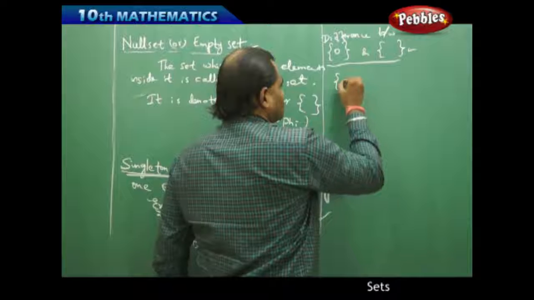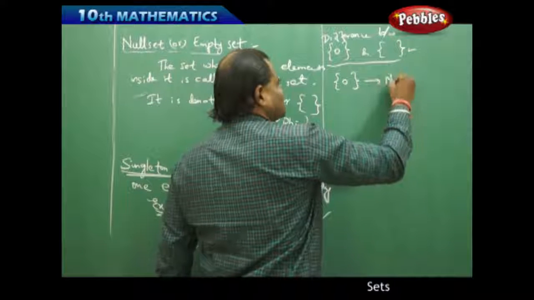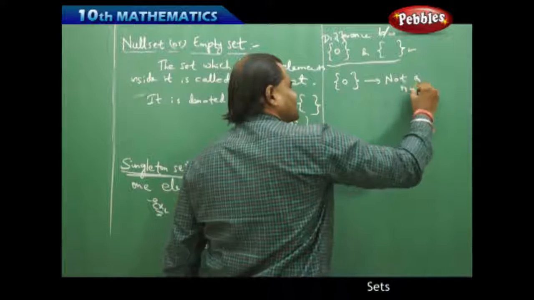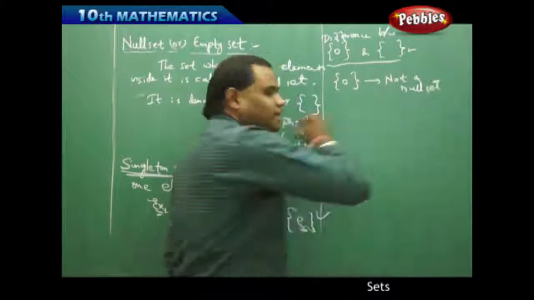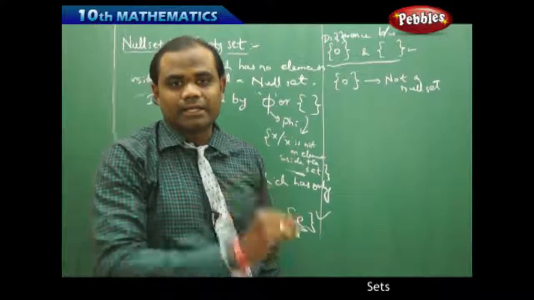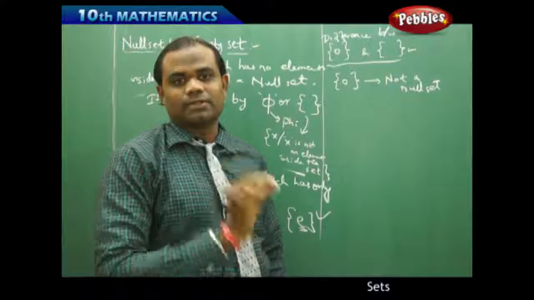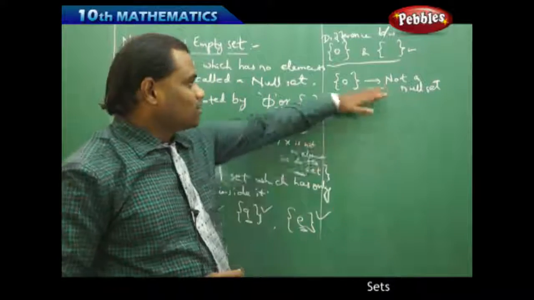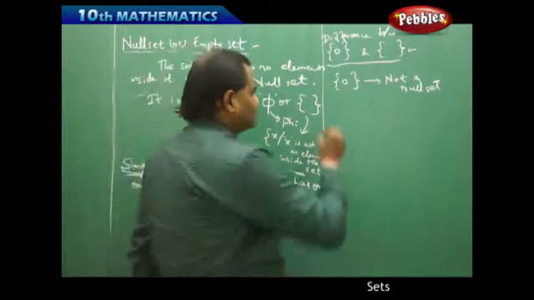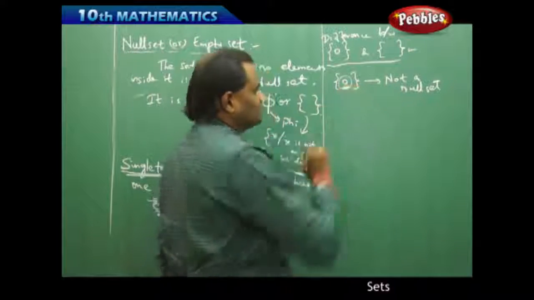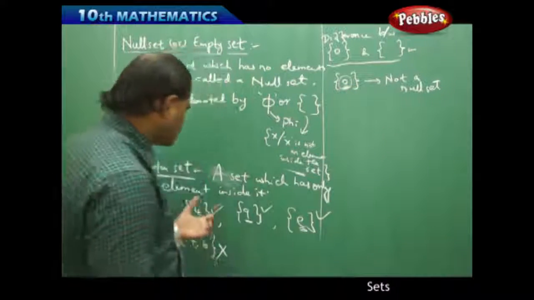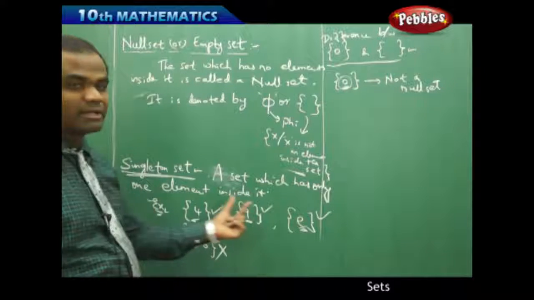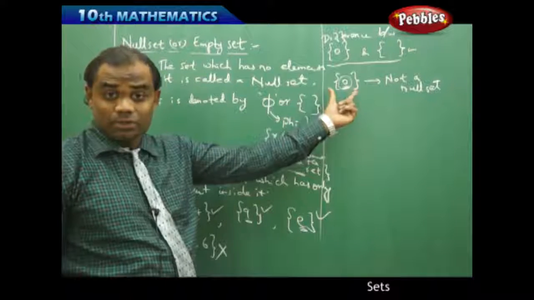To make a note, this is not a null set. If you think this is a null set, then that indicates that you haven't understood the definition of a null set exactly.